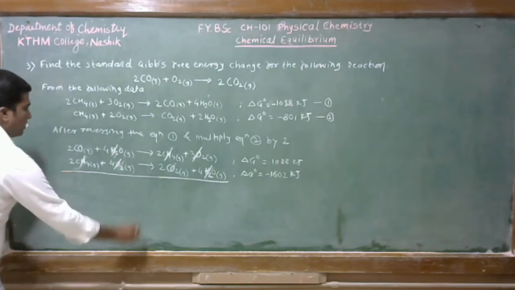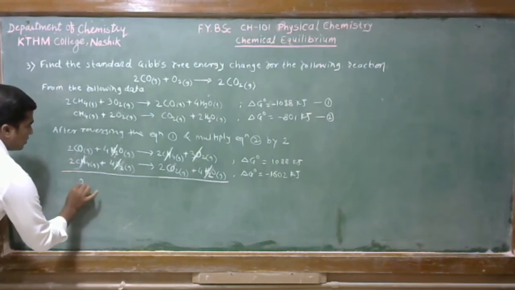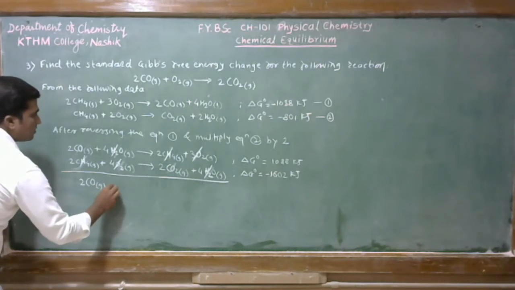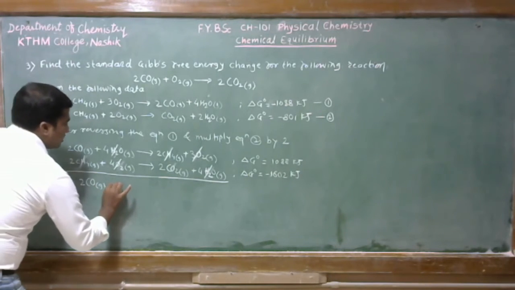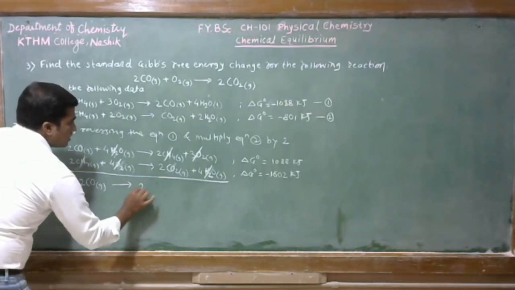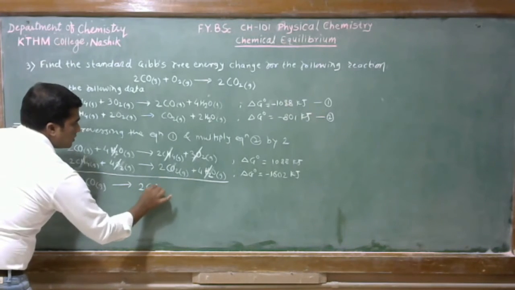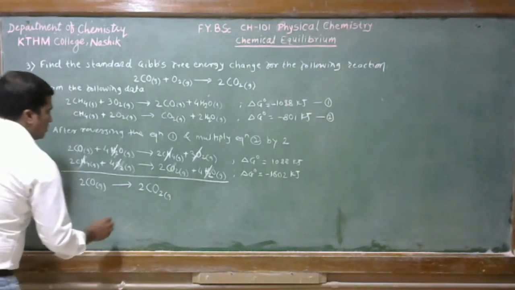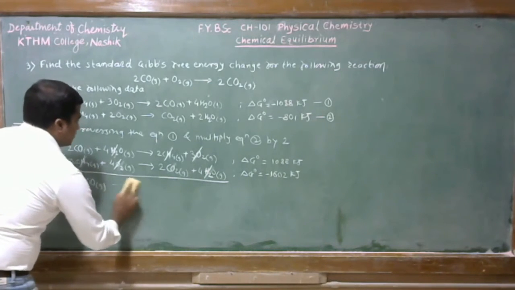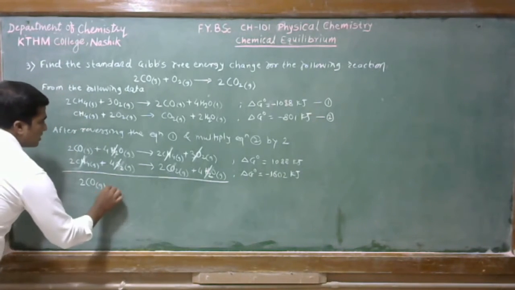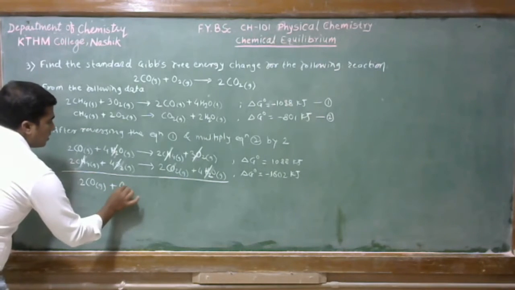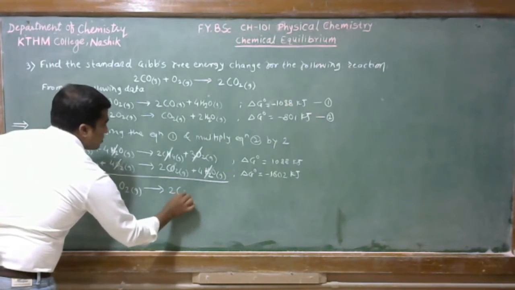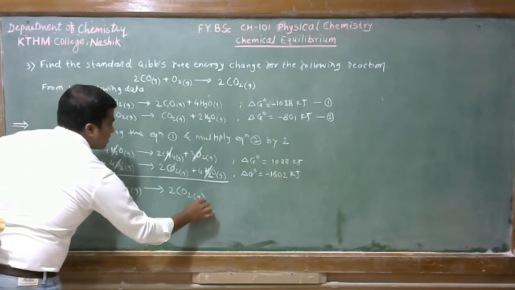So finally we will get the net reaction: 2 moles of CO gas plus 1 mole of O2 gas gives 2 moles of CO2 gas.